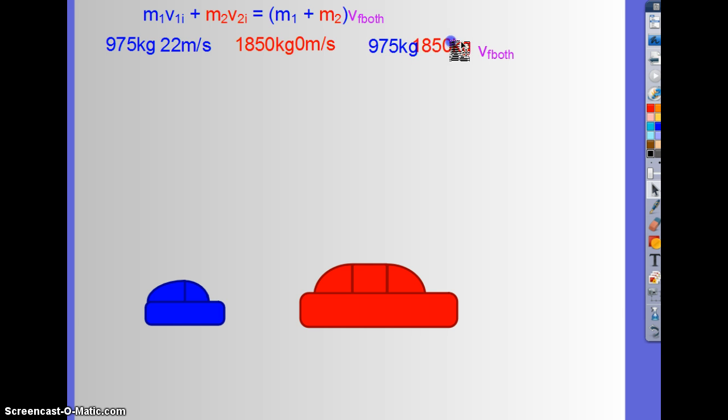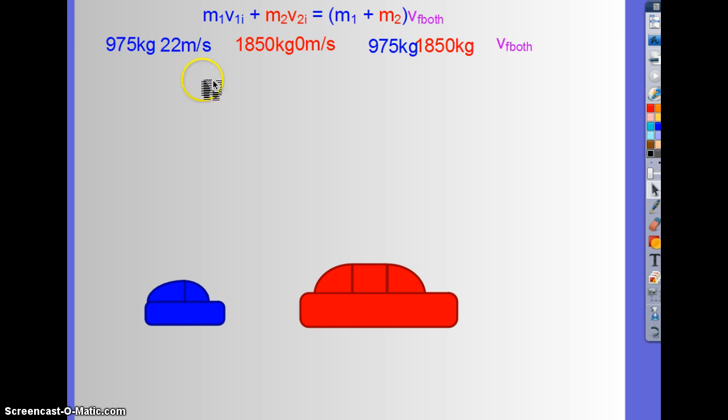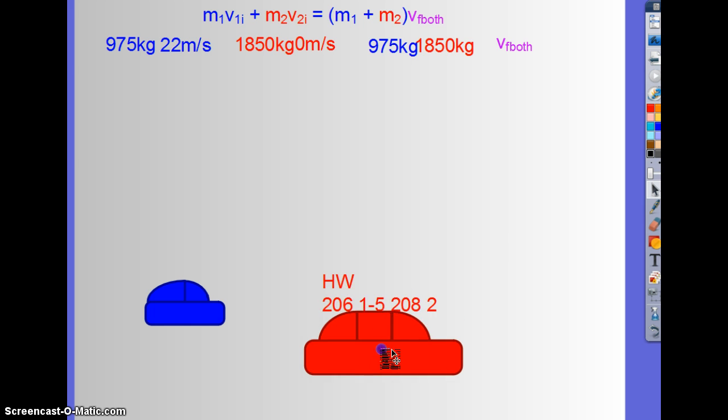So you want to add their masses together times the final velocity of both of them, and you can figure out how fast they're going afterwards. When this kind of thing happens, you end up getting a blend of velocities a lot of times. So it's going to go forward, but slower. And then there's a homework assignment associated with this, and you just practice that over and over again.